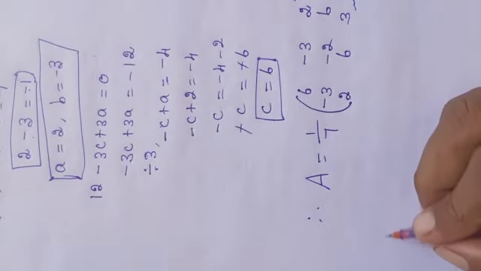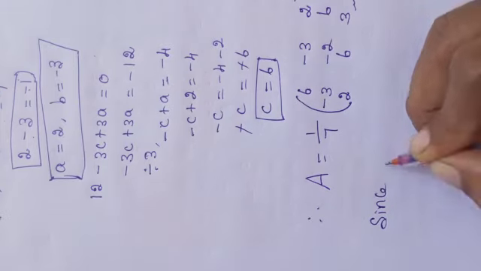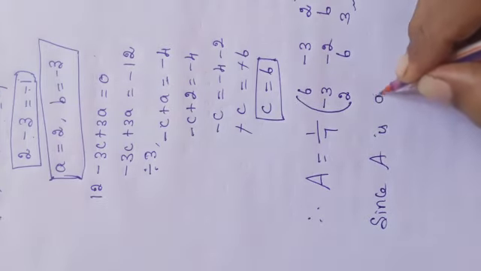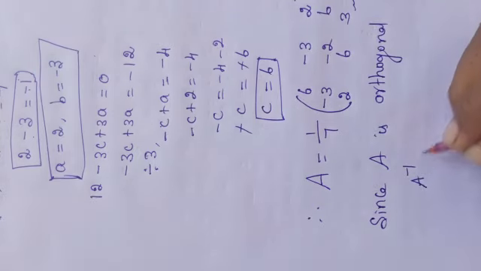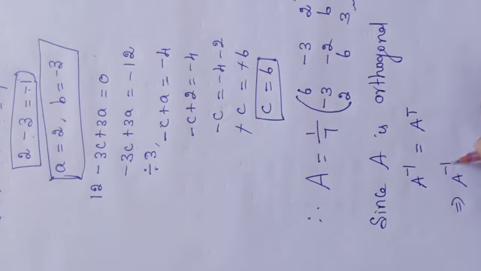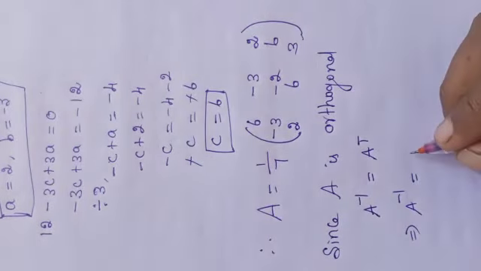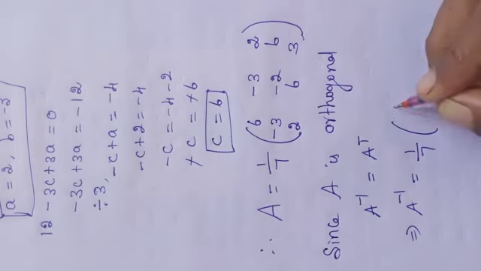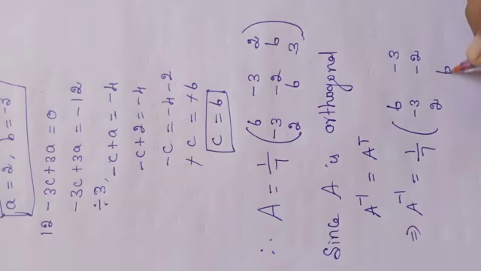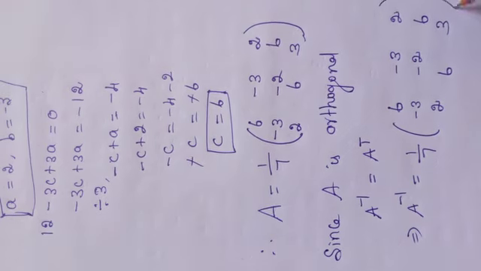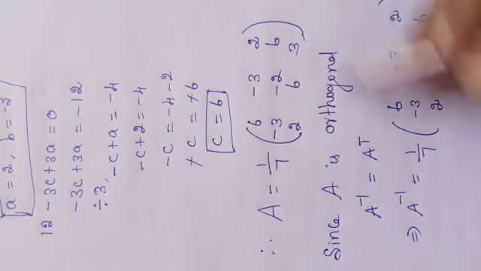Now we can write, since A is orthogonal, A inverse is equal to A transpose. Transposing it, 1 by 7 into 6, minus 3, 2, minus 3, minus 2, 6, 2, 6, 3. See, both are the same, isn't it?